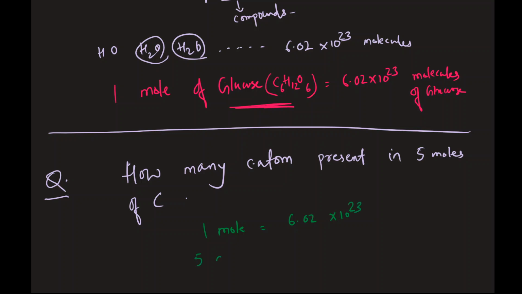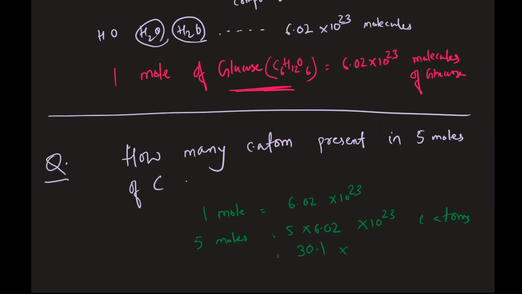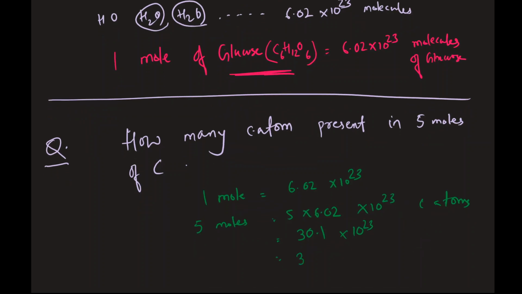So we got 5 moles, so it's gonna be 5 multiplied by 6.02 times 10 to the power 23 carbon atoms, right? So it's gonna be 30.1 times 10 to the power 23, and let's divide by 10. 3.01 times 10 to the power 24. That's how many carbon atoms we have. So that's our answer.